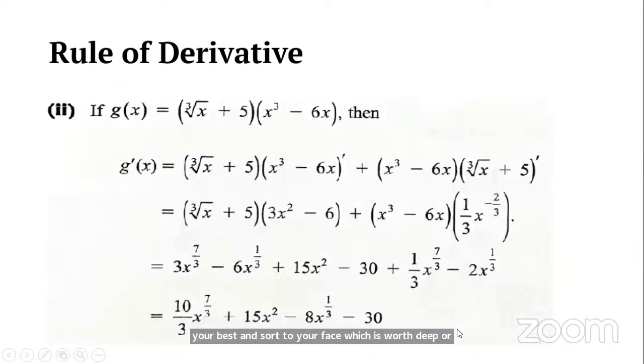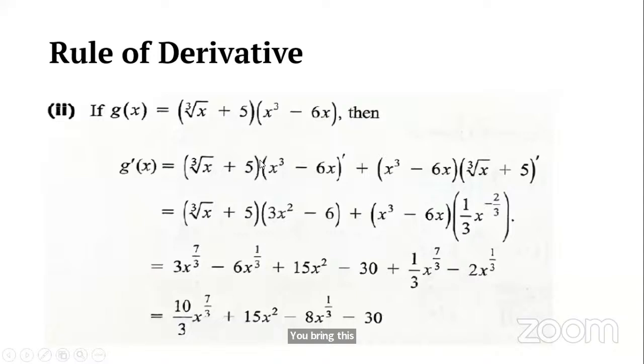So the example for the product rule is this. The cube root of s plus 5 is now your f of s. And this one is now your d of s, the s cubed minus 6s. But here, like I said, the product rule, whether you keep this one constant and you differentiate this one first before you bring this one, it doesn't matter.